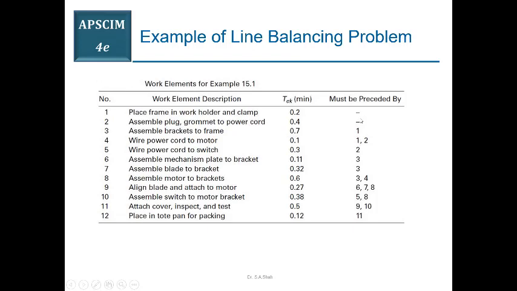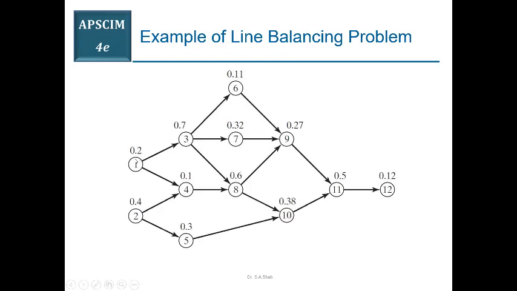So this means that we can start with operation number 1 and operation number 2. So similarly, other elements. So work element number 1 को अगर आप देखें और work element number 2 को अगर आप देखें, तो I can start drawing the precedence diagram from these two work elements, क्योंकि इनका कोई predecessor नहीं है. ठीक है.